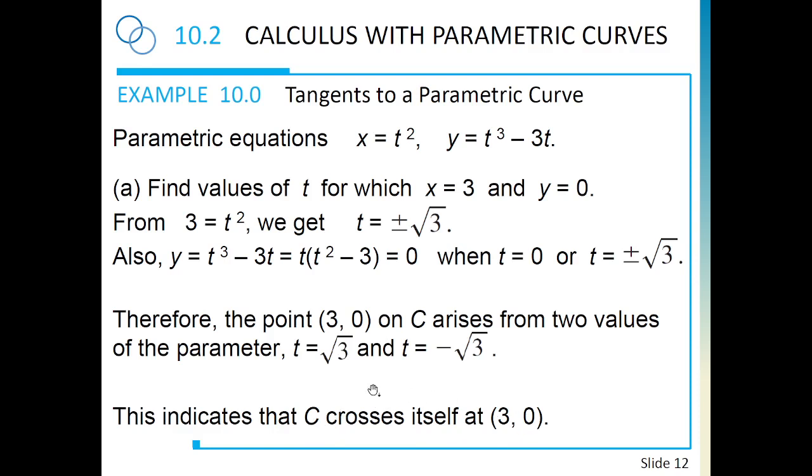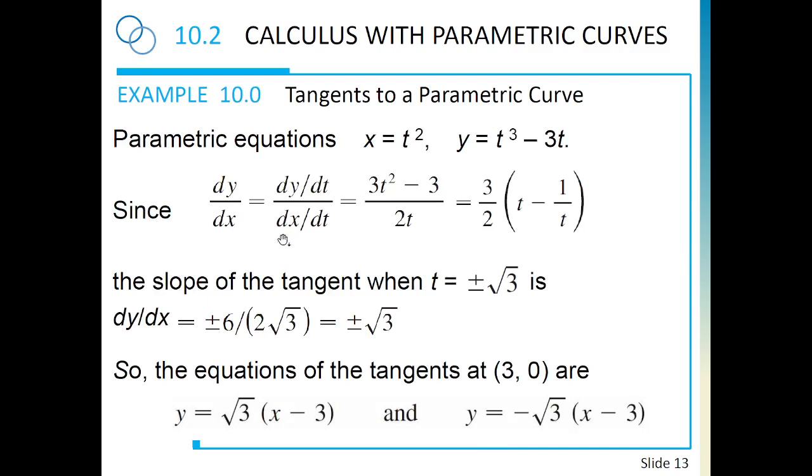That was the first thing, because to find the slope, we need to plug the value of time into the derivatives. So now the values of time are radical 3 and negative radical 3, because at those two different points in time, the curve is crossing the location (3, 0). So let's compute the derivatives, dy/dt and dx/dt, and then we compute the ratio.